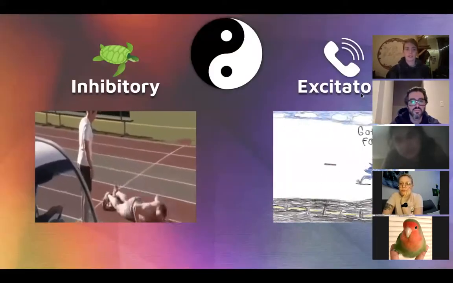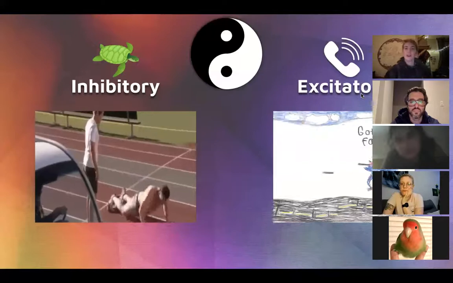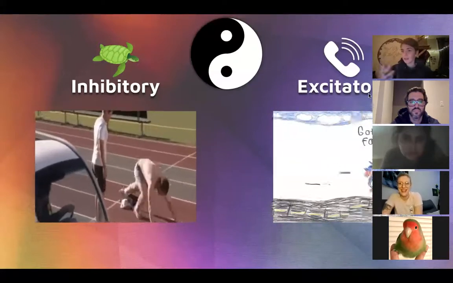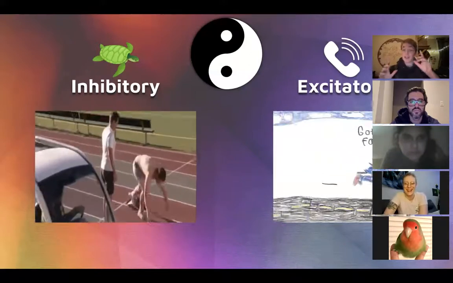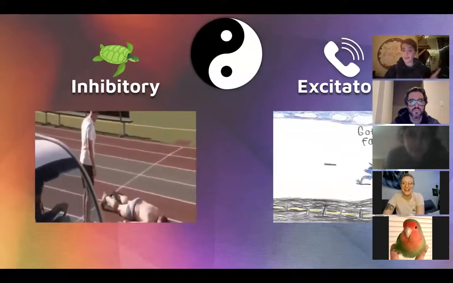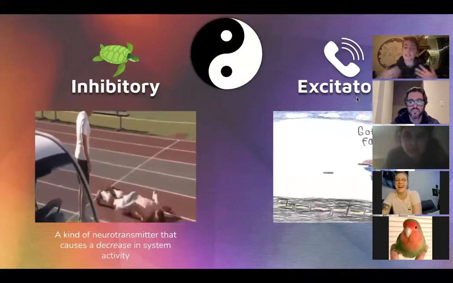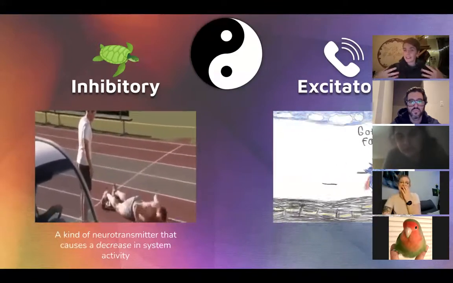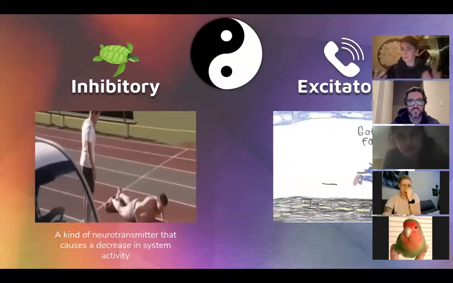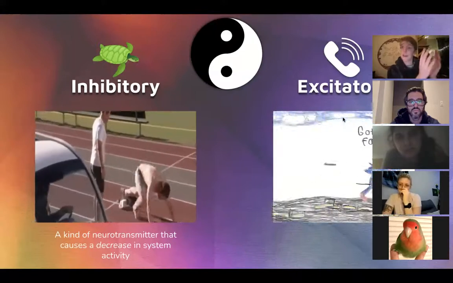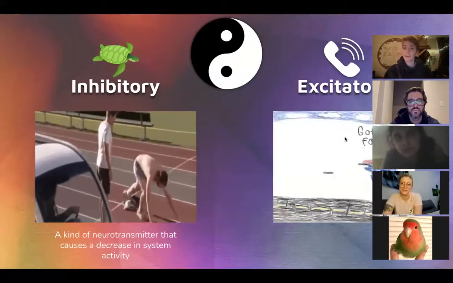Moving on. There are two main types of neurotransmitter, inhibitory and excitatory. If a neurotransmitter is inhibitory, it decreases the overall level of system activity. This is a simplified explanation. Inhibitory reduces something.